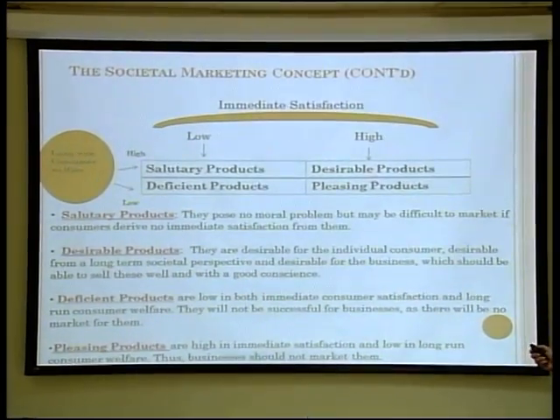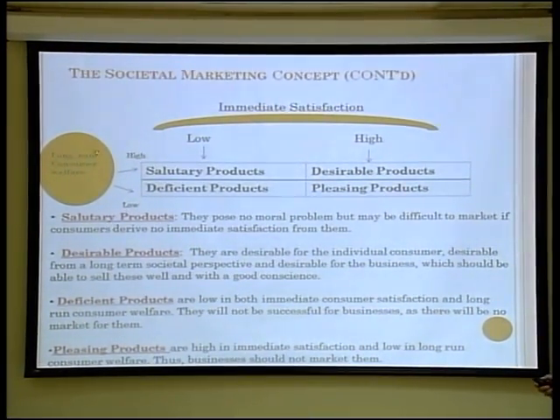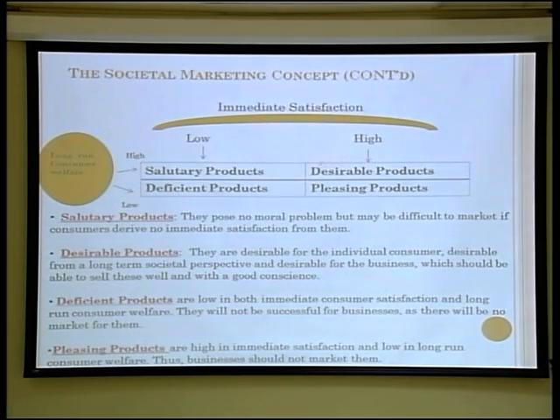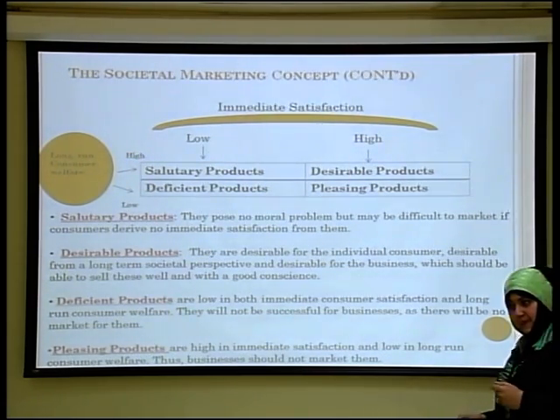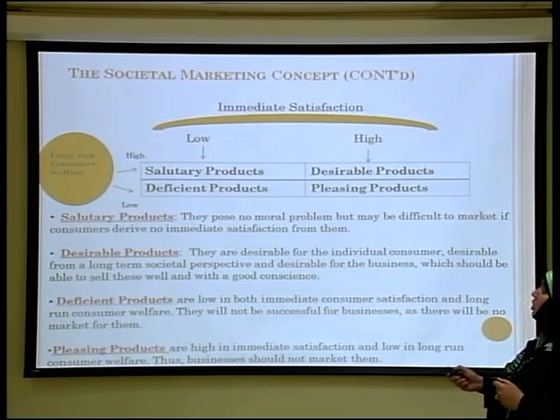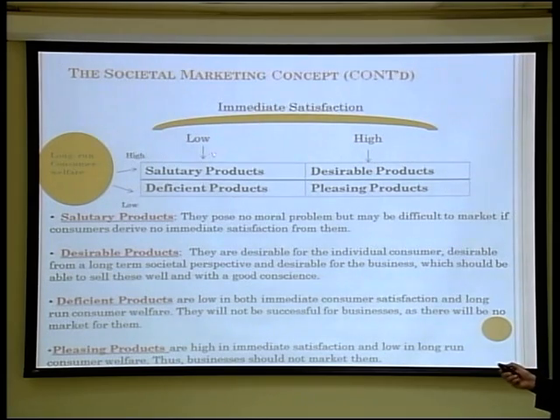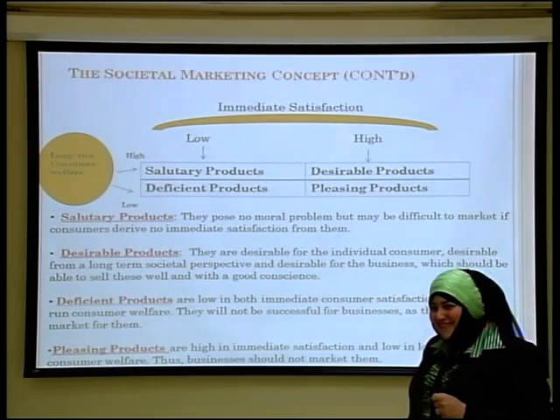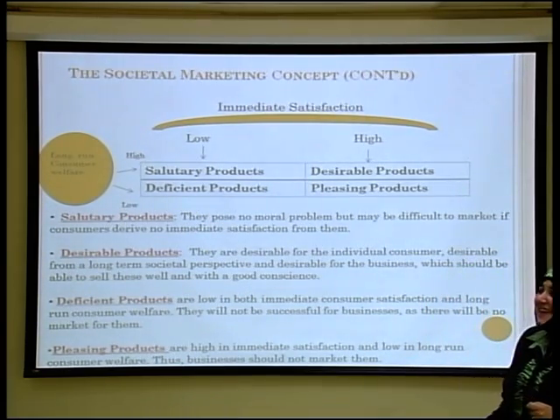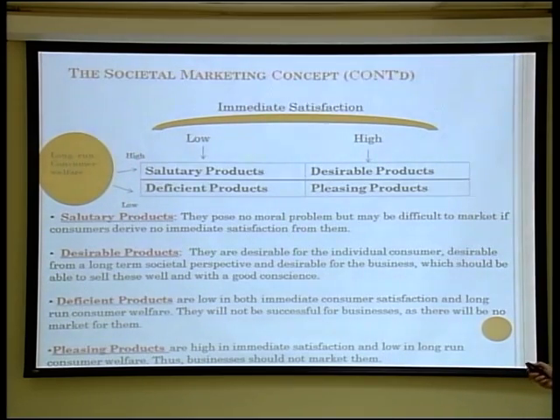If the level of immediate satisfaction is high and the level of long-term consumer welfare is high as well, the product is a desirable product. When the immediate satisfaction is low and the long-run consumer welfare is low as well, this is a deficient product. When the immediate satisfaction is high and the long-run consumer welfare is low, this is a pleasing product. What is the difference? But you understand this classification in terms of the two dimensions?